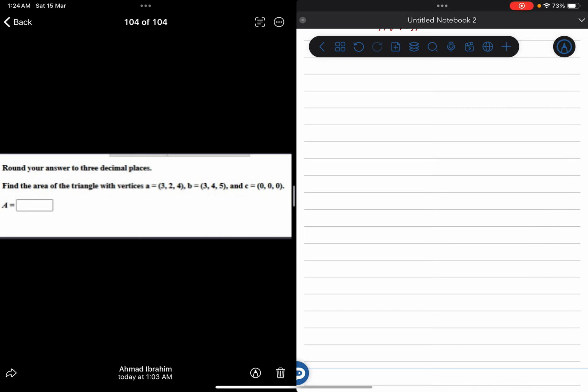So we have to find the AB. So AB, it is B minus A. I will write the final answer. It will be 0 2 1. You can do it by yourself to practice.